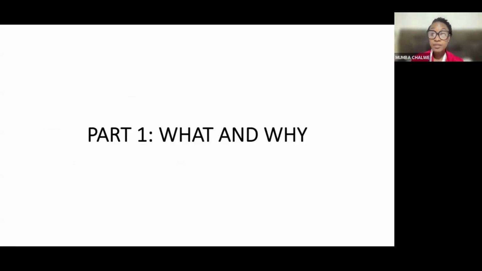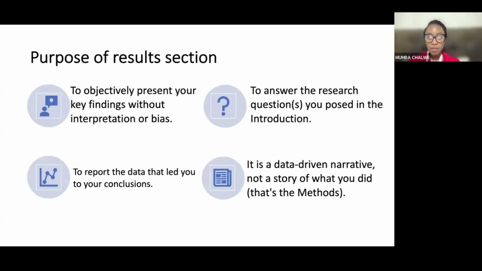So in the first section, we're looking at what and why. What is the results section and why do we do it? The general purpose of your results section is to present very objectively what you found, okay?